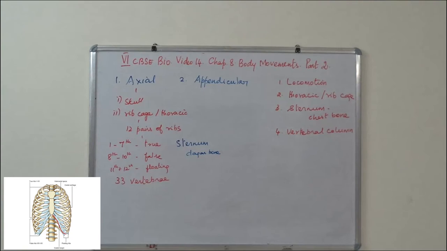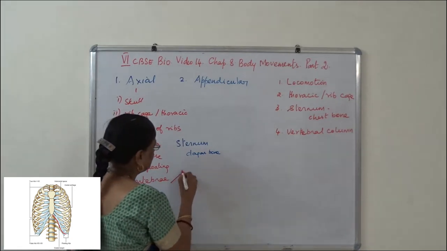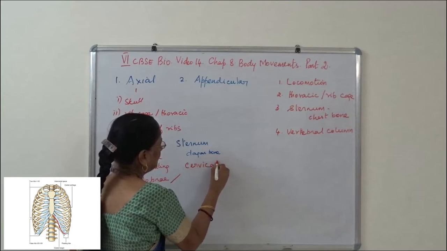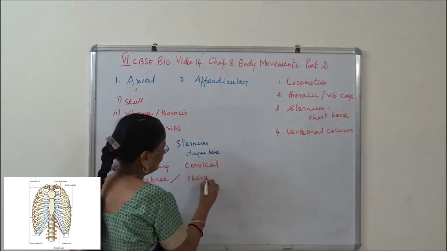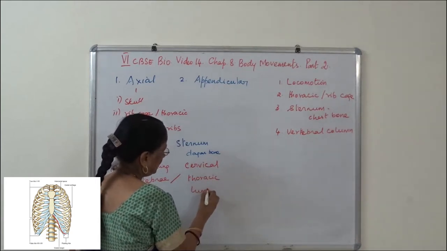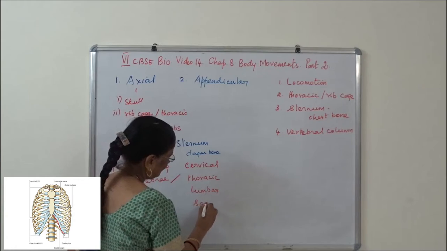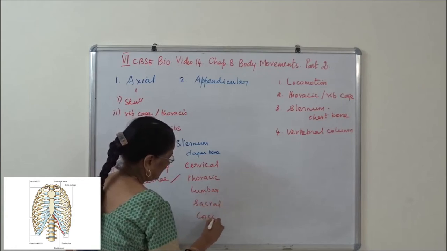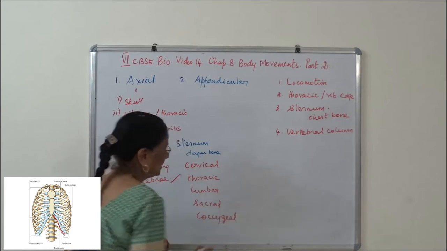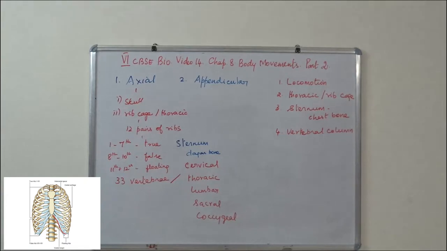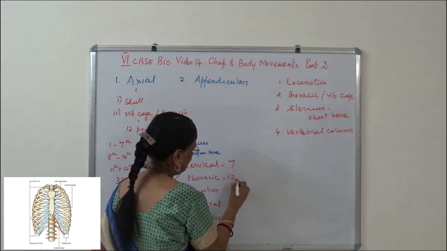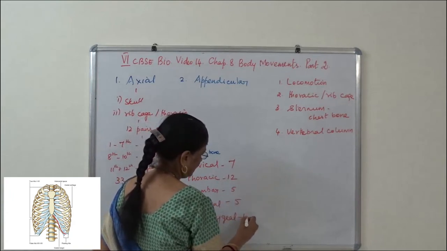This vertebral column is classified into cervical, thoracic, lumbar, sacral, and coccygeal. It is as 7, 12, 5, 5, 5.